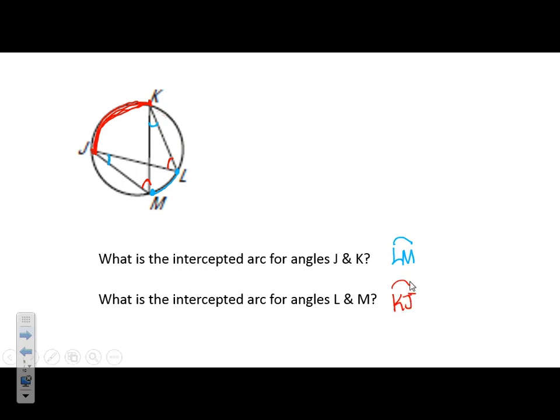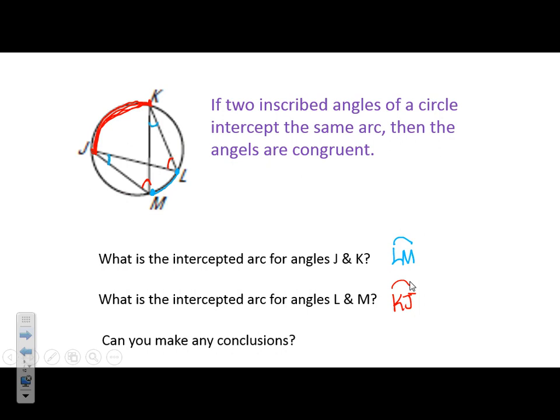So now my question to you, would you be able to make a conclusion based on what we just went through? Well, here's our conclusion. If 2 inscribed angles of a circle intercept the same arc, their angles are congruent. Sorry about that, typo.